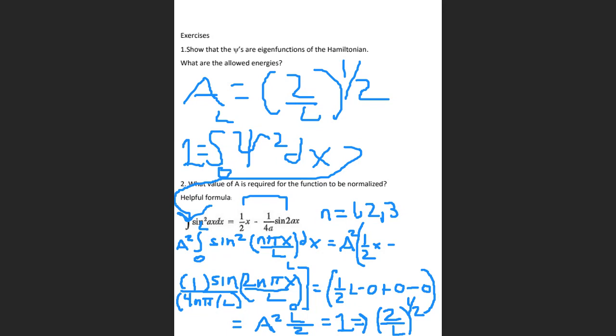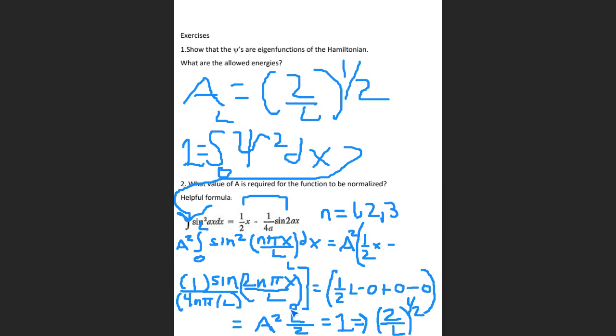Okay, so first I looked at the term 1/2. I took 1/2 of L, because we're integrating from 0 to L, and this is the antiderivative, minus 1/2 of 0. So that gives me terms 1/2 of L minus 0. Then I move over to the second term, which is the sine function. Again, that's integrated from L to 0, so I plug in L, and that gave me sine 2n pi, which is 0. So the third term is plus 0.